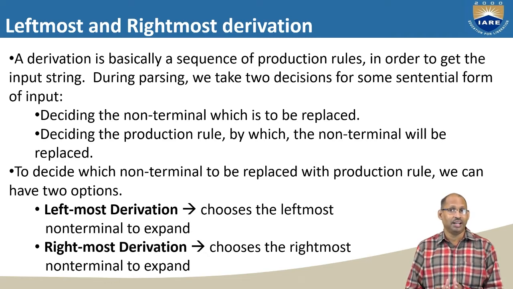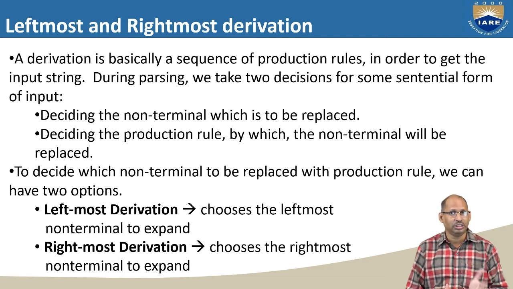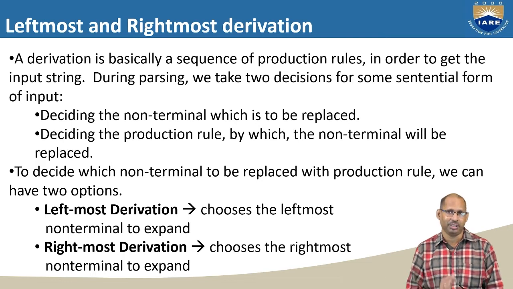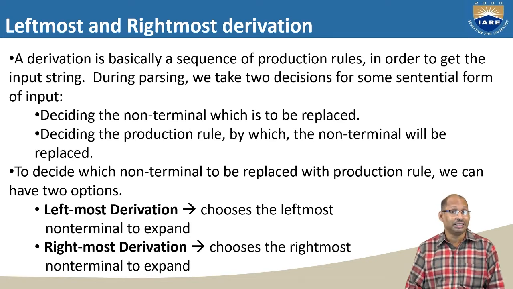In the leftmost derivation, we choose the leftmost non-terminal to expand to derive a sequence of terminals. The rightmost derivation chooses the rightmost non-terminal, the right end non-terminal, to expand.